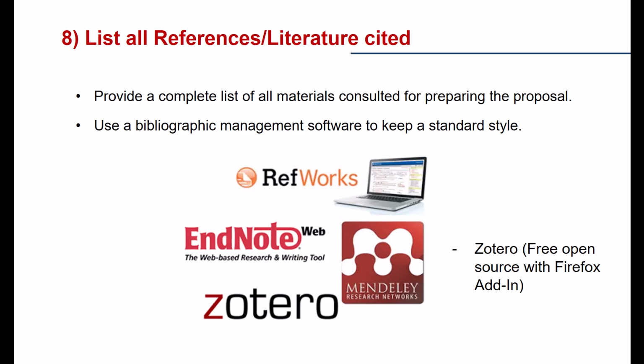And also, it's important because when you make a modification to the reference list, or if you delete one reference, the bibliographic management software is automatically reorganizing everything, and you don't have to do it manually. It can be a bit daunting when you have to do that.